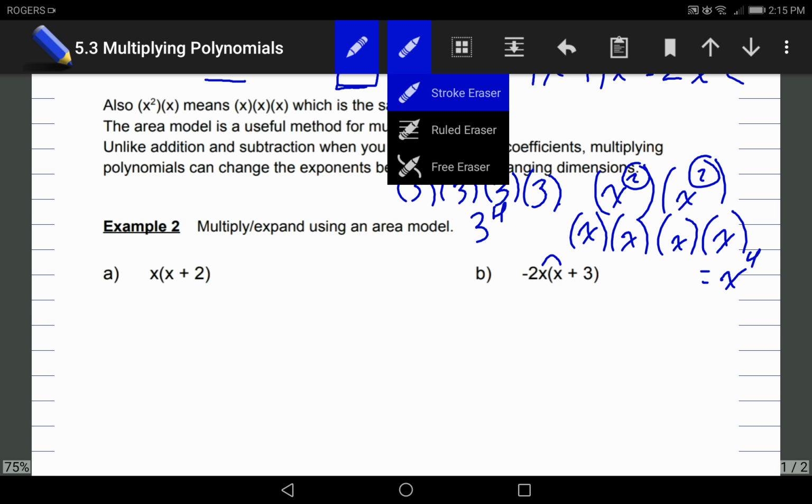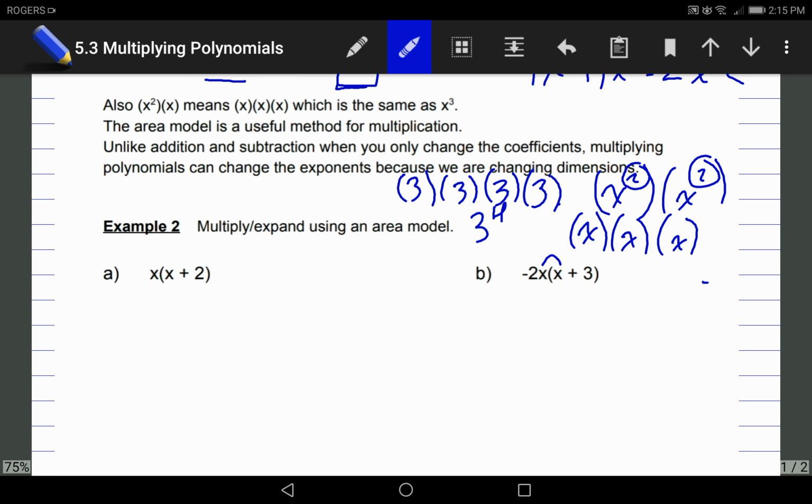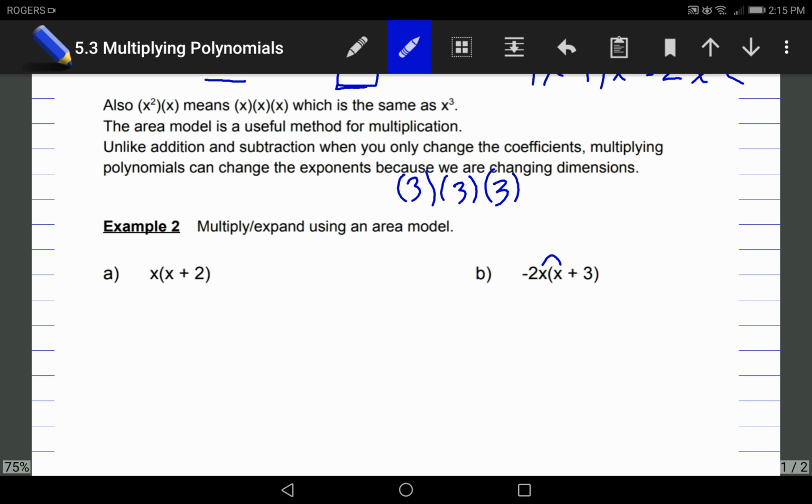If I were to go back to our previous example of x squared times x, if you just see an x, what exponent is really on that x that is never written?